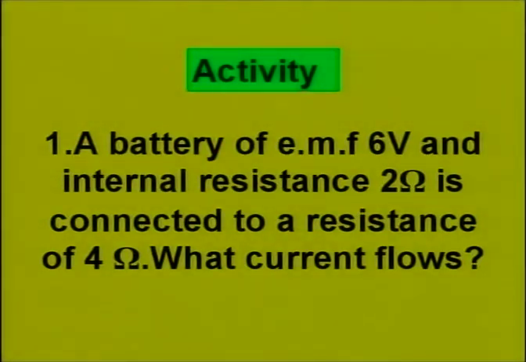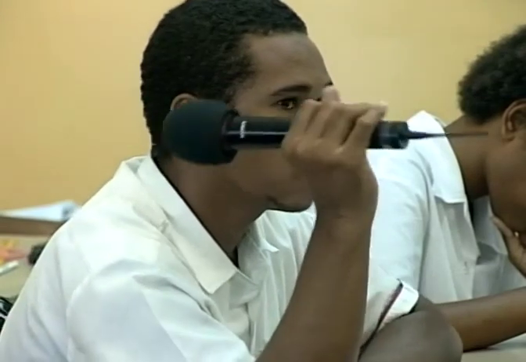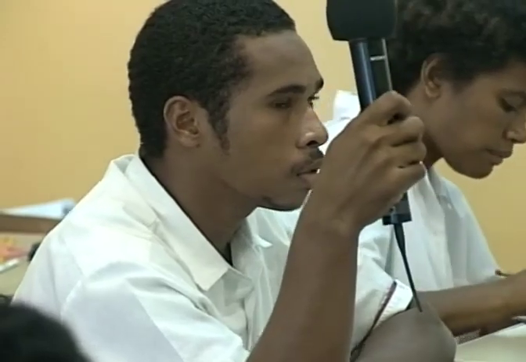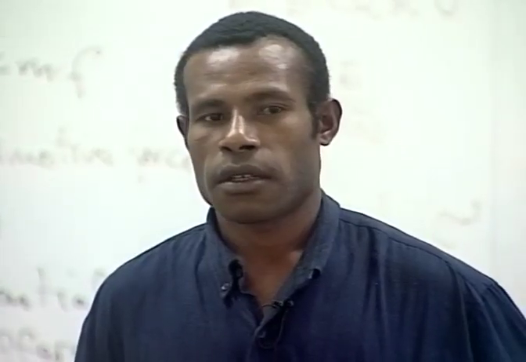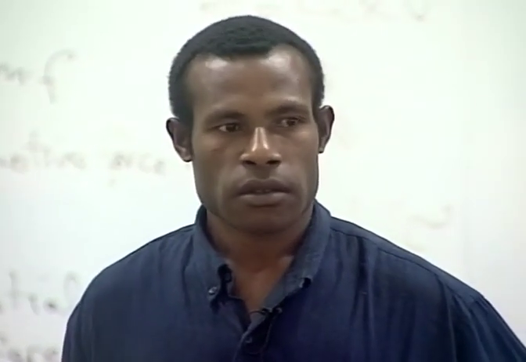When we use the last equation, E equals I times (R plus r). The energy in joules equals Q times V, so E equals Q times V. And 1 volt is simply the energy given to 1 coulomb of charge.